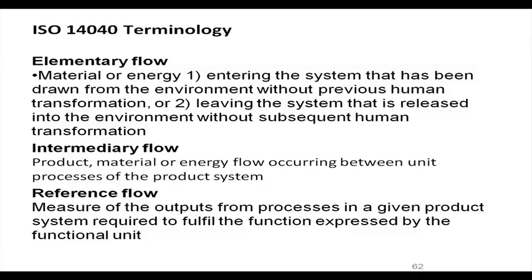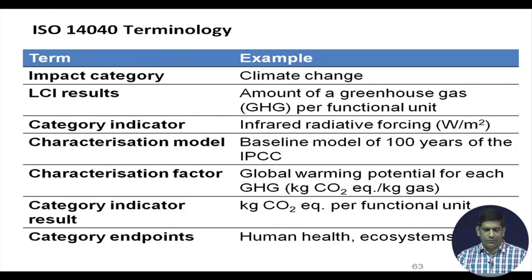For the benefit of time, we did not show it, but the same method is used for CFL as well. I may have forgotten to mention that in that module. We did look at the results of both when we compared the CFL and the incandescent bulb. So that's the concept of the reference flow.